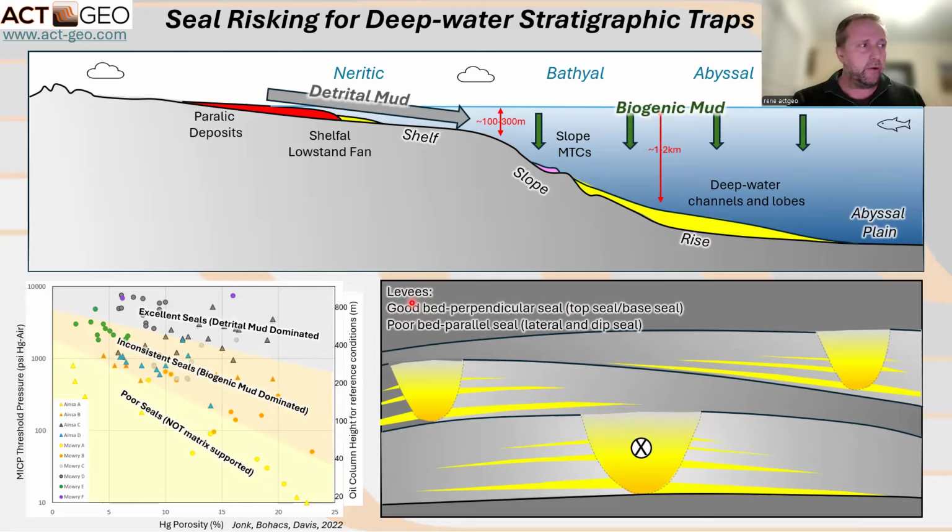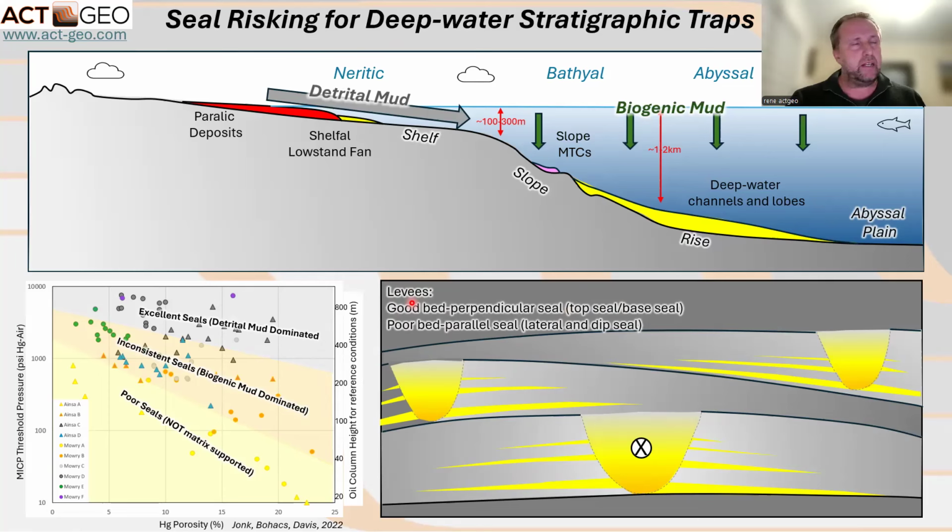So they can actually be quite a volumetrically significant resource associated with that, and it's usually connected. So clearly it accumulates in these structural and combination traps. So vertical seal tends to be pretty good in these levees, but that lateral component is just something to be aware of, that when I'm dealing with pure stratigraphic traps, that can really make something quite risky.